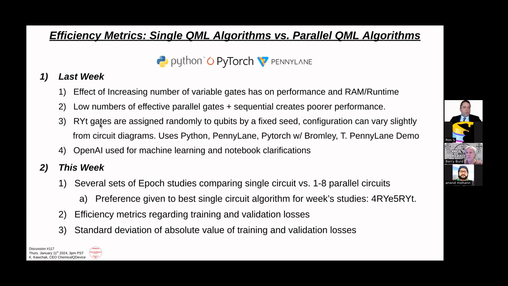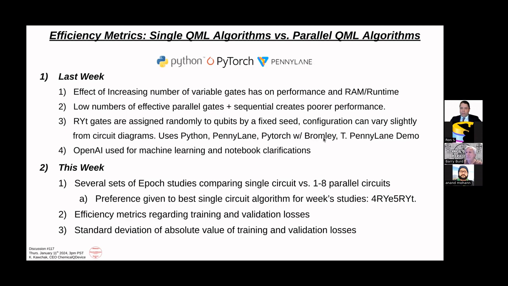The other thing is these rotational trainable gates have a fixed seed. The configuration can vary slightly from what's shown in the diagrams, but PennyLane guided me through what these exactly are, and they're available in the notebooks, which I put up on GitHub. This is all done with Python, PennyLane, and PyTorch.